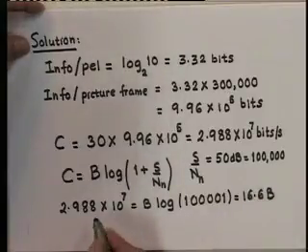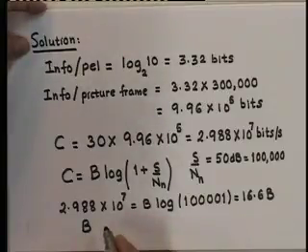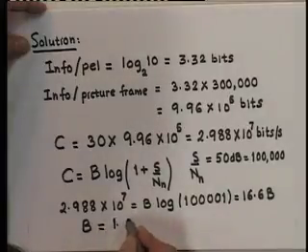And from this, we can calculate the theoretical estimation of the bandwidth of the additive white Gaussian noise channel as B equal to 1.8 megahertz.